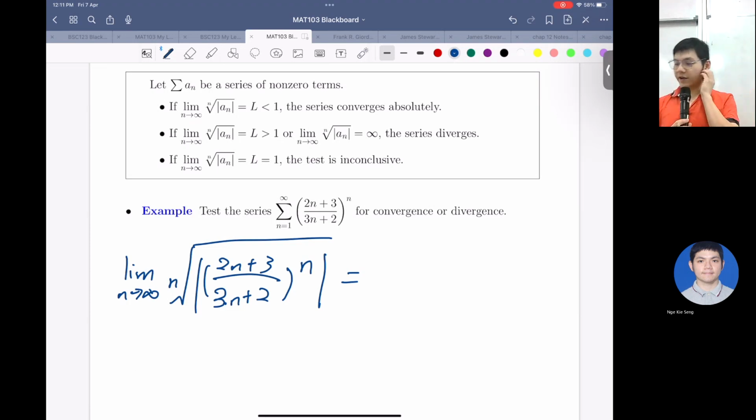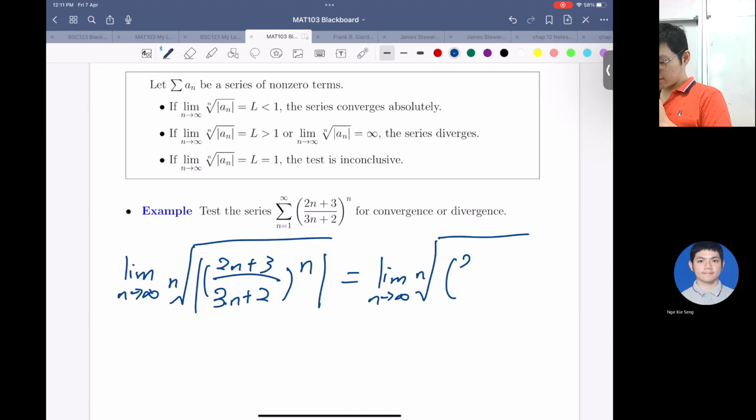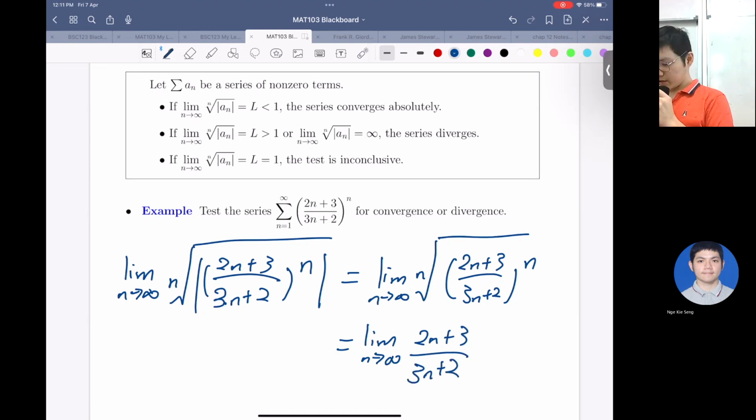Can you get rid of the modulus in this case? Yes, why? Everything is positive, so you take positive power over positive. So really, you can just regard it as the nth root of the nth power of (2n plus 3) over (3n plus 2), which is just the fraction itself. Up to here should be pretty obvious.